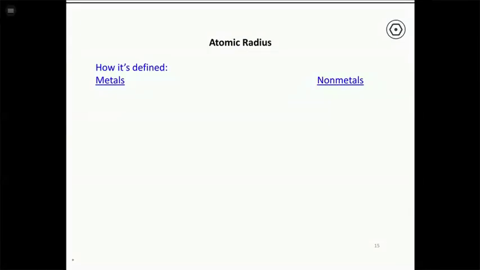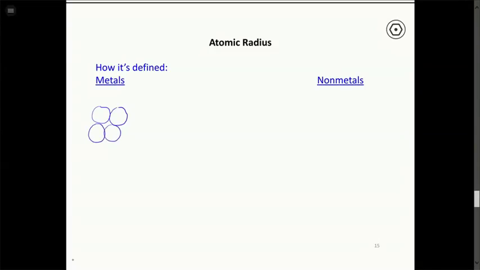Now, a very simplified picture of atomic radius is just how big the atom is. Now, there's a more precise definition than that. If we had a metallic element, the atoms are all very close to each other, as we'll learn later in the course. You can measure the position of the nucleus very accurately.